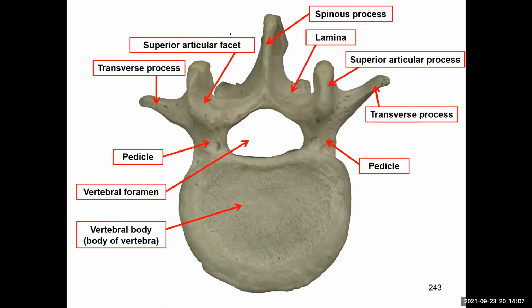So over here now we've added something new. Superior articular facet is going to be this smooth, flattened surface here. Okay, smooth, flattened surface is called the superior articular facet. So you could say that the superior articular facet is on the superior articular process.